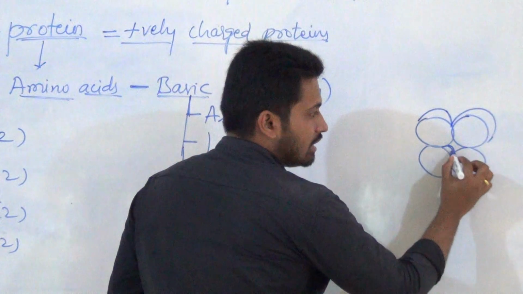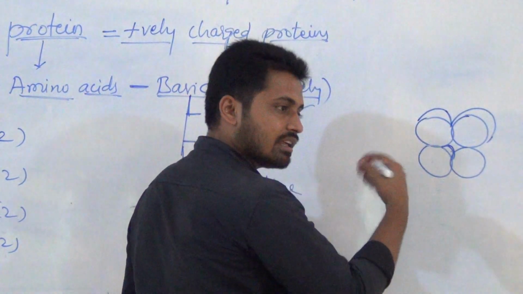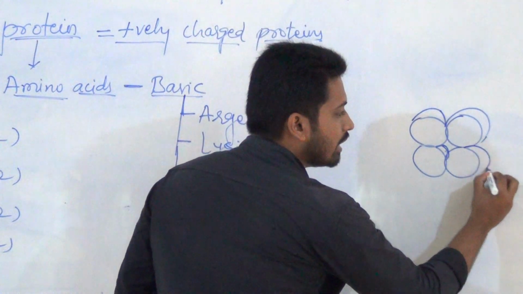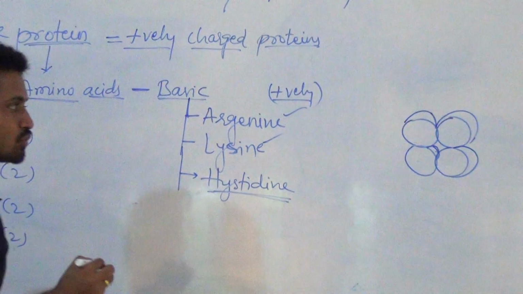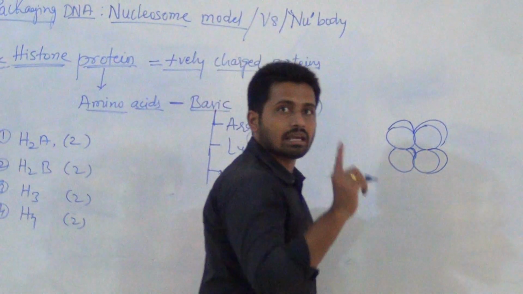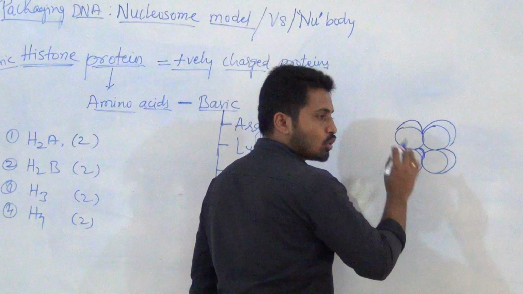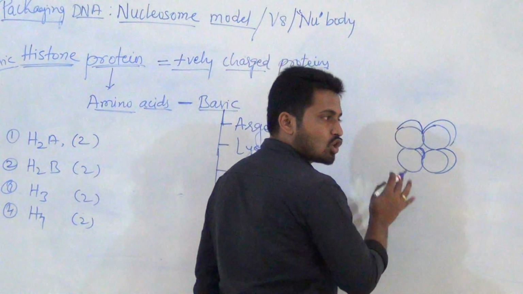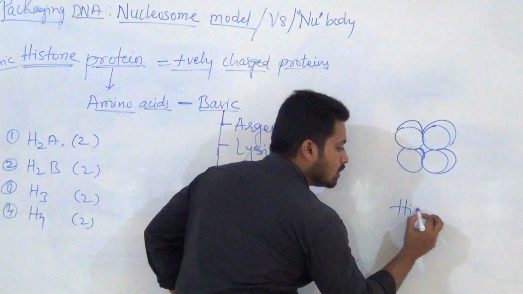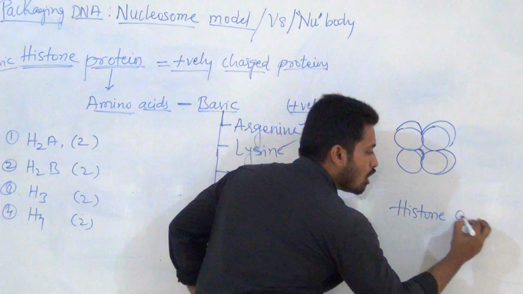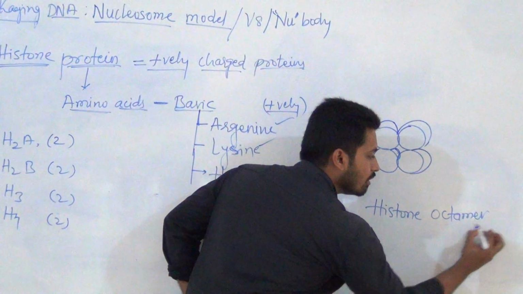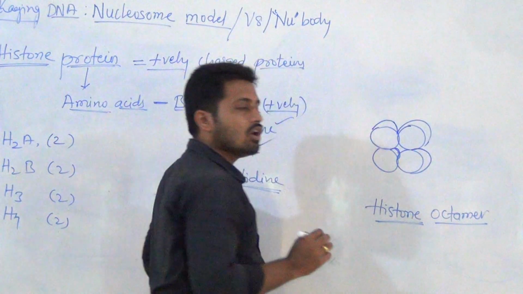Remember here it is behind this. There is another molecule and this is again H4. So how many total form? That is 8 proteins. And this structure we call the histone octamer. Very important term, histone octamer.